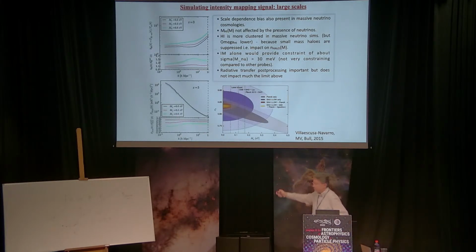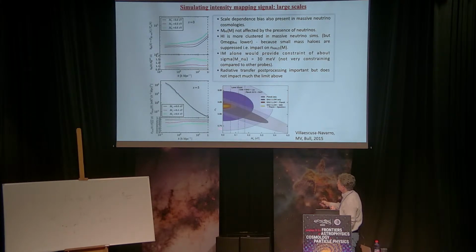Of course, here I cheated a bit because I fixed all the rest and just changed the neutrino mass. Ideally, you want to do this with Bayesian statistics and marginalize over all the possible parameters affecting the signal. And the point that I want to make here is that this is both a plateau effect, but also retains a bit of scale dependence.